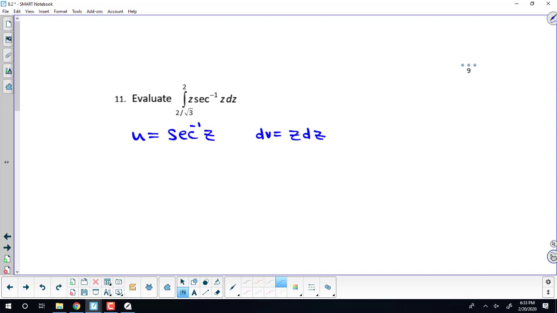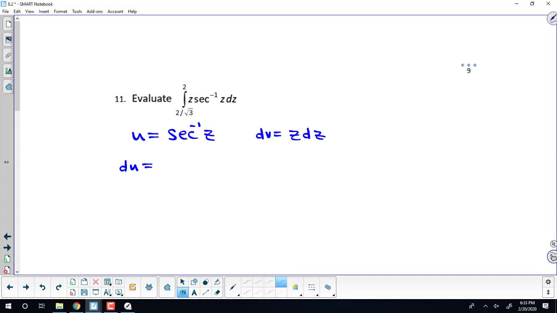So then we've got to remember to find du, which entails remembering what the derivative of inverse secant was. Does anybody remember? It wasn't super common, I don't think. Was it the one with x first on the bottom?